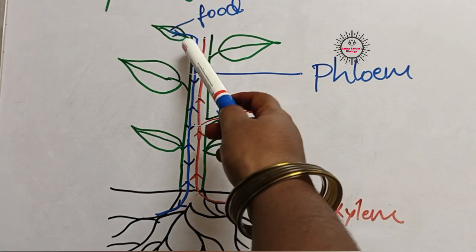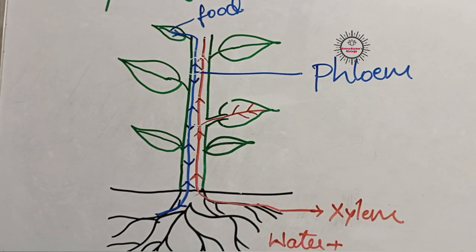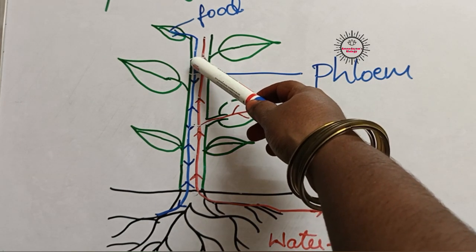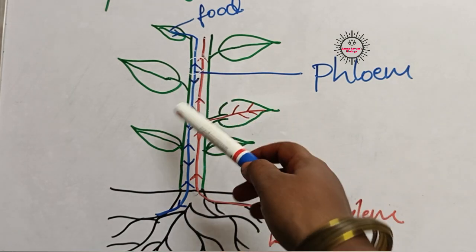Because of the entry of sucrose into the phloem, the osmotic pressure increases in phloem, so that water also enters into phloem. Then the food material present in the phloem will move to the low pressure tissues.